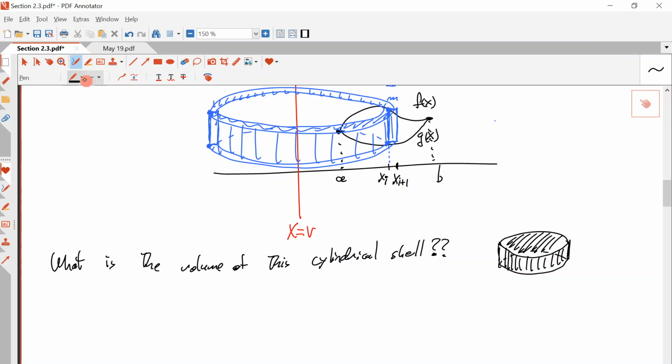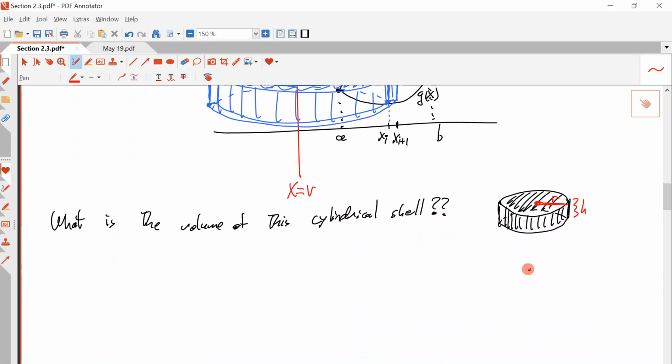Here's your circular cylinder, with a radius like that and a height like this. The volume of the cylinder is pi r squared times h.